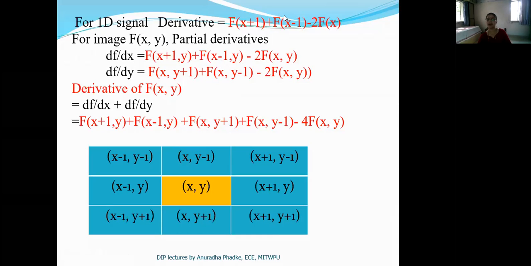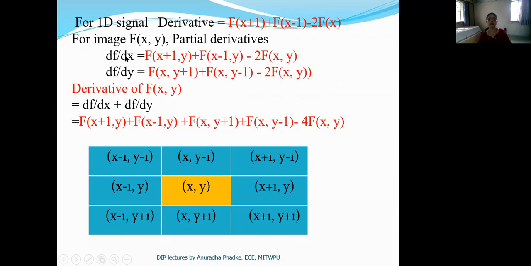So this is the same as the earlier equation. The only difference is that now we have added one more parameter, that is y, because now we are considering an image signal. An image has an x coordinate as well as a y coordinate. And when we are determining the derivative with respect to x, y is constant. So here y is constant and we are varying x. So the equation for the partial derivative of f with respect to x is given by this equation. Is it clear to all?